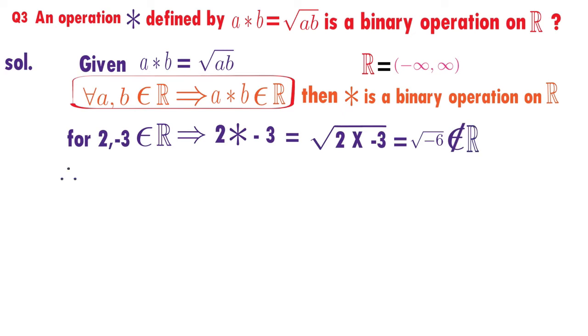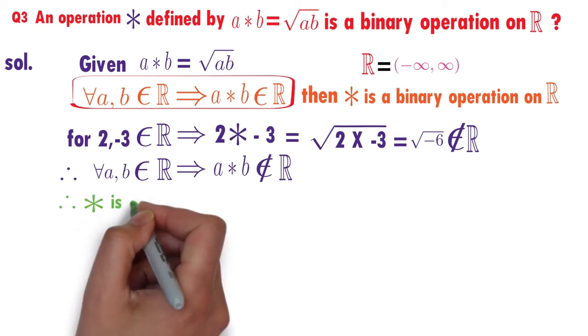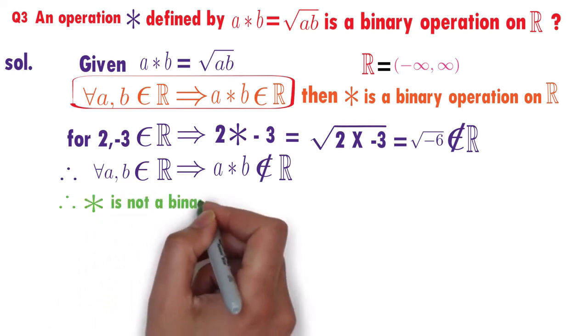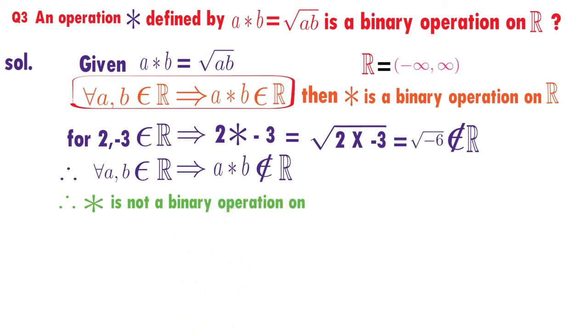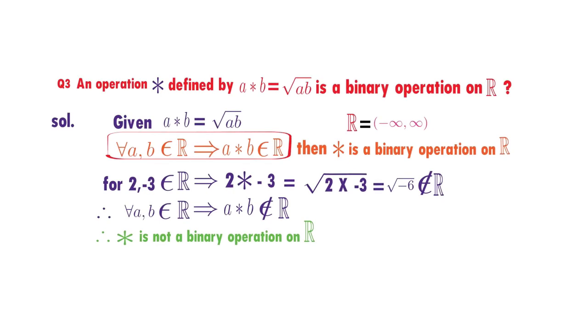Root over minus 6 is not a real number. Therefore, a star b does not belong to R for every a comma b belongs to R. From this we can conclude that star is not a binary operation on the set of real numbers.